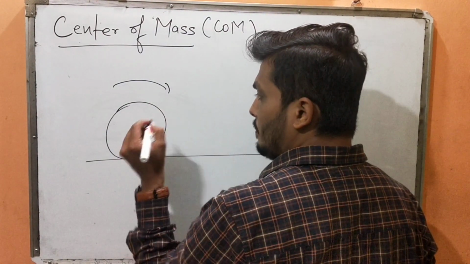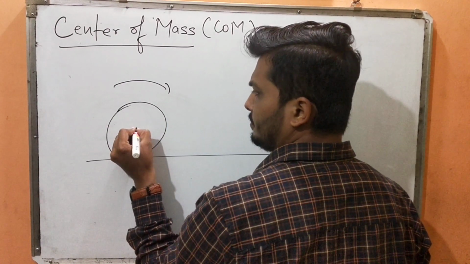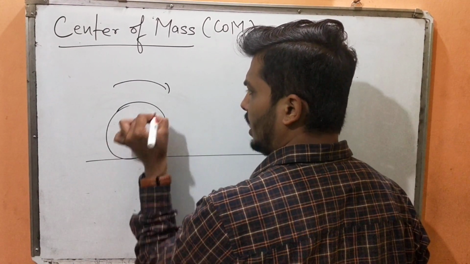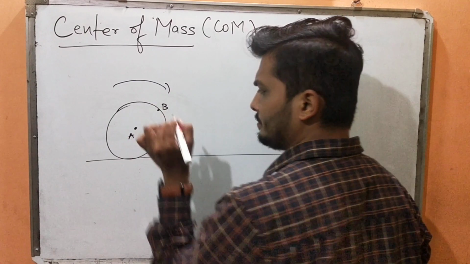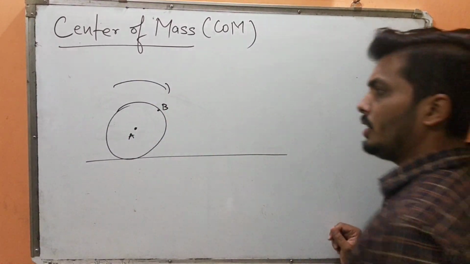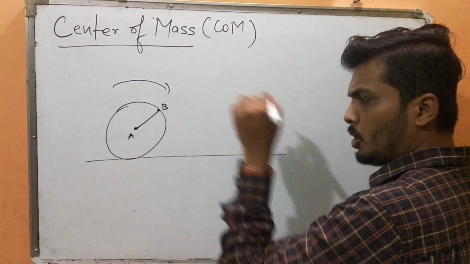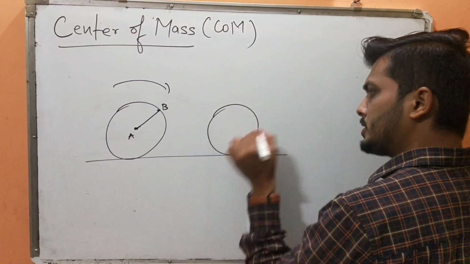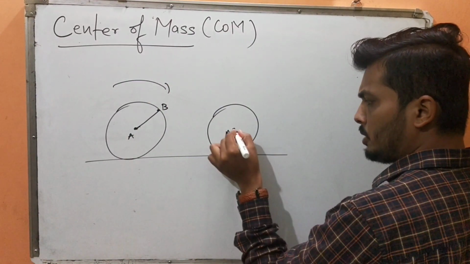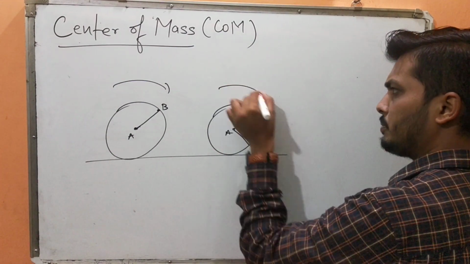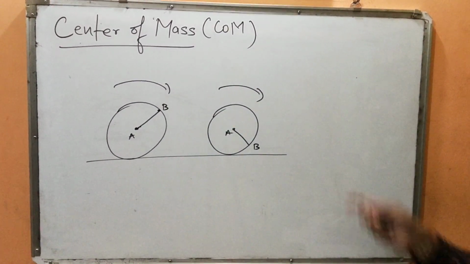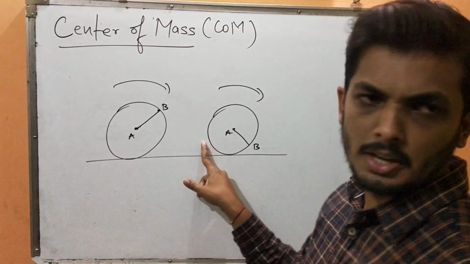You observe here it's a rotational motion, the ball is rotating. But now see an interesting thing here. If there is a point A here and a point B here, and I draw a line here, after some while, since the ball is in motion, the ball will travel a certain distance, the A point will remain here only and the B point may come somewhere here because the motion is in this direction. If it is anti-clockwise, then it would have been here.